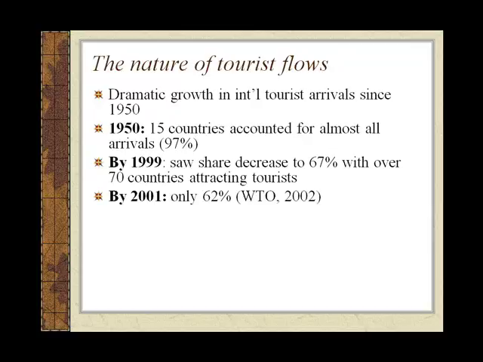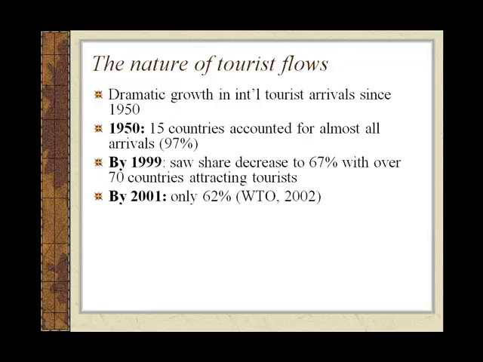If you then look at it 50 years later, there was a 30% decrease for those countries. Rather than only having 15 countries fighting for tourists, they now had 70 countries attracting tourists.